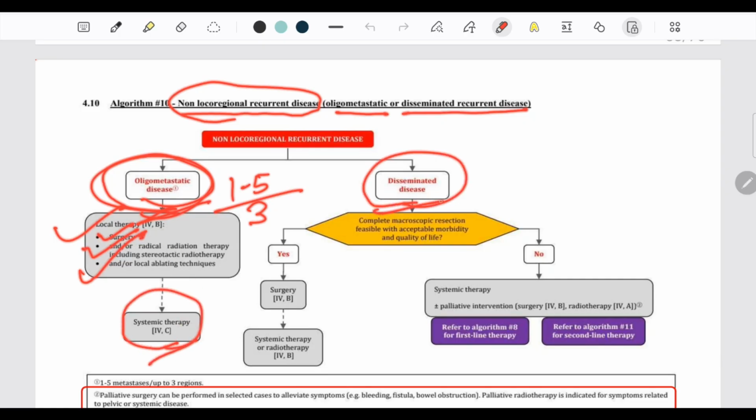In disseminated disease, you have to check whether there is feasibility for surgery or not. If feasible, then go ahead with surgery followed by systemic therapy or radiotherapy. If not feasible for surgery, then systemic therapy plus or minus palliative intervention, either palliative surgery or palliative radiotherapy.